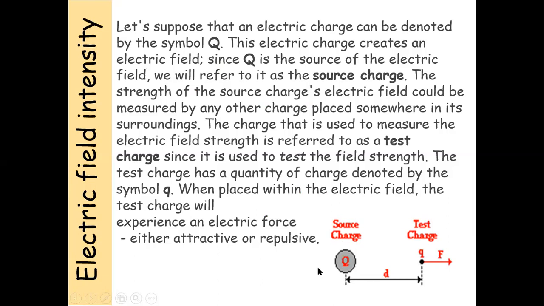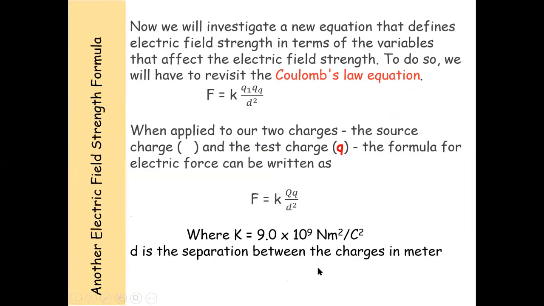So we are going to derive a relation for it in terms of the variables that affect the electric field strength. According to Coulomb's law, the things affecting it are the magnitude of both the charges and the distance between them.